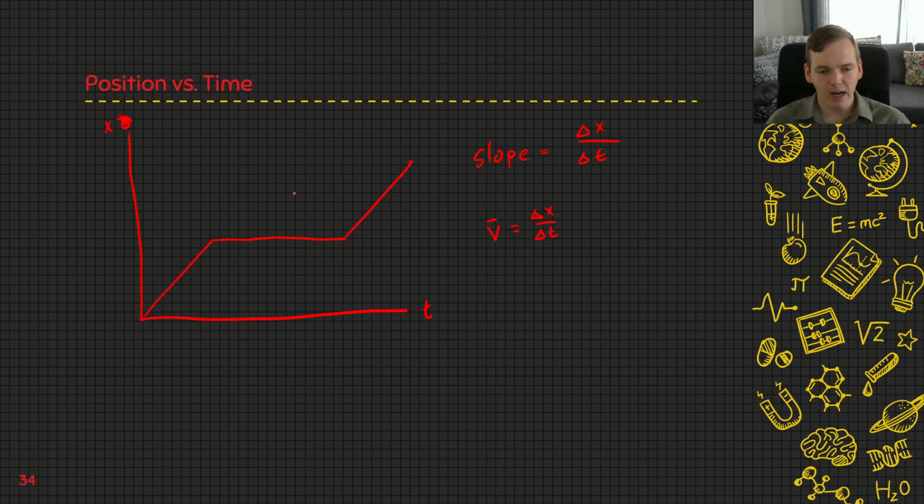So if we have a graph of position versus time, the slope tells us velocity. So if you can find the slope from a graph of position versus time, you know the velocity at that point in time.